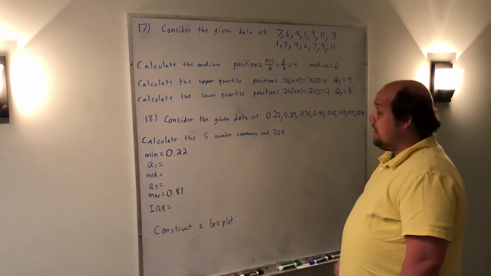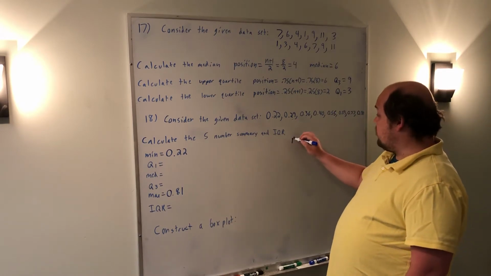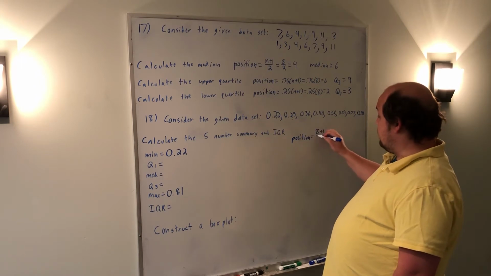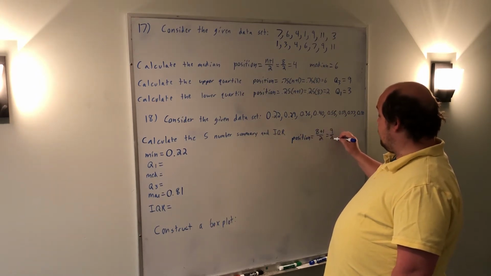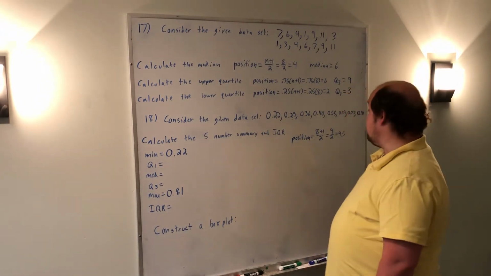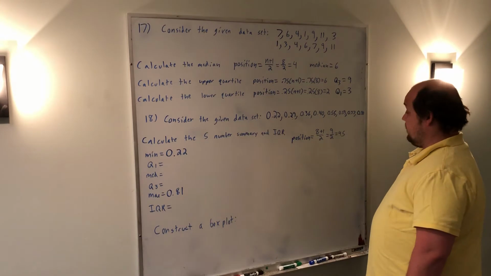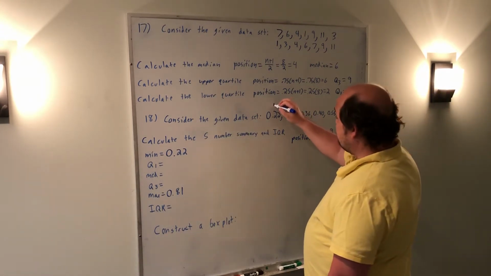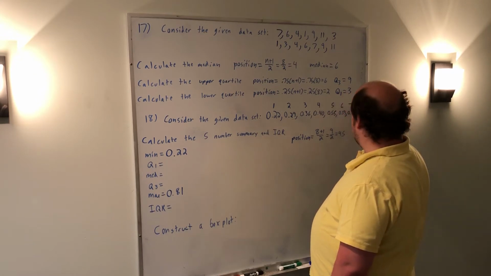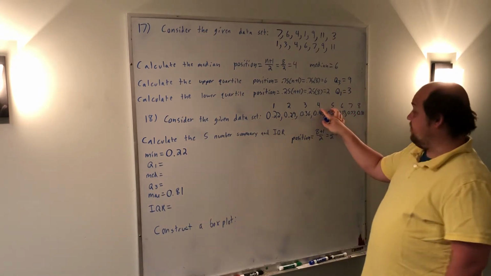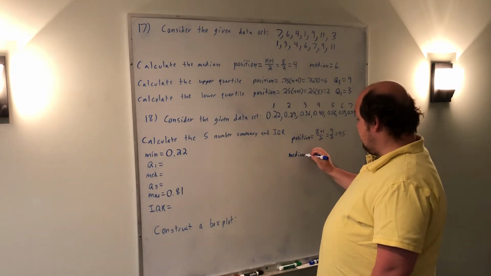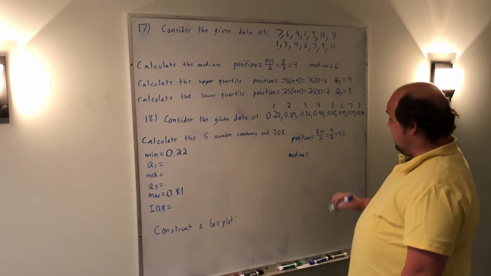When we want to find the median, we're going to use the position function for the median. Here it's 8 plus 1 over 2, or 9 over 2, which gives me 4.5. That tells me it's between the 4th and 5th data point. So to find the median, I'm going to take the 4th plus the 5th divided by 2.